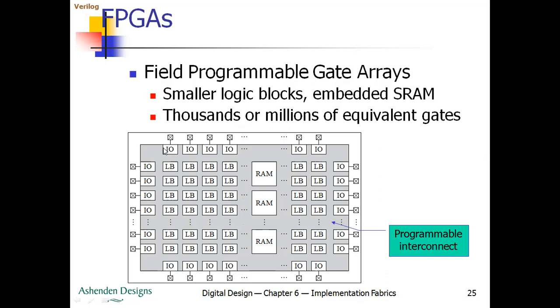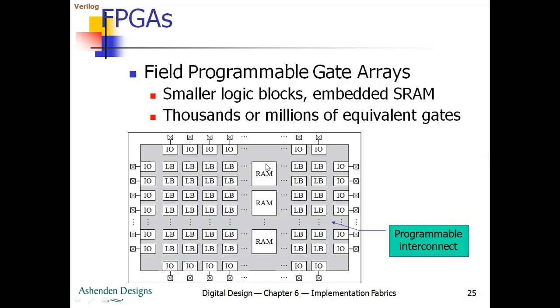Basically these IO blocks are also programmable, and can be registered input output, unregistered input output, or combinational input output lines. These logical blocks can implement logic functions. For example, I can implement a decoder or a half adder using these configurable logical blocks.